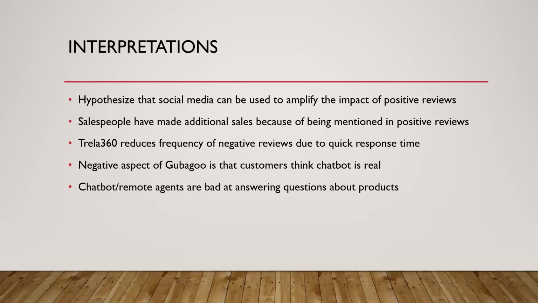Another thing is that the chatbot and remote agents are really bad at answering any kind of question about a Mazda or a Chrysler, Dodge, whatever. Their job pretty much is just to get the customer's information as quickly as possible to get them to a salesperson who knows what they're talking about. They don't actually know anything about the vehicles. But a lot of times the customers don't want to give out their info immediately. They want to talk about the vehicle. They've got questions.